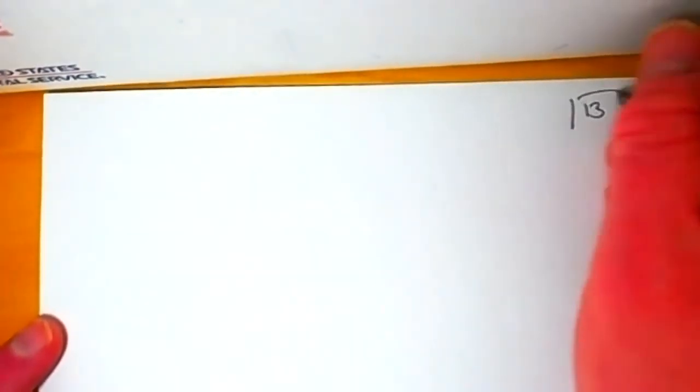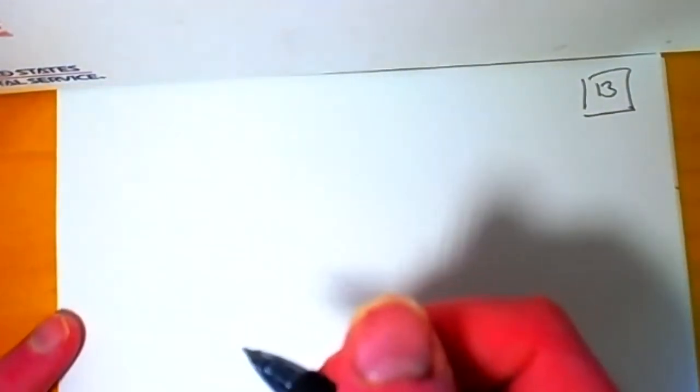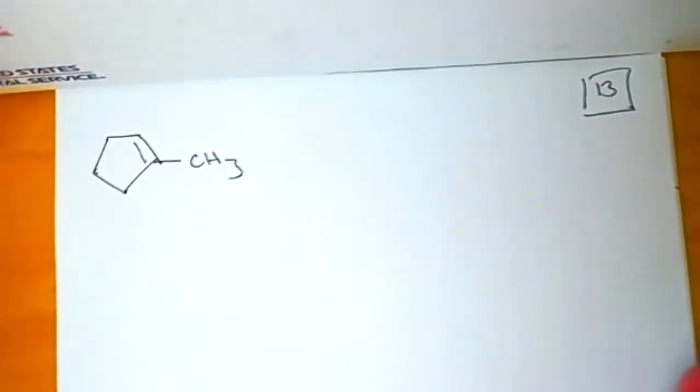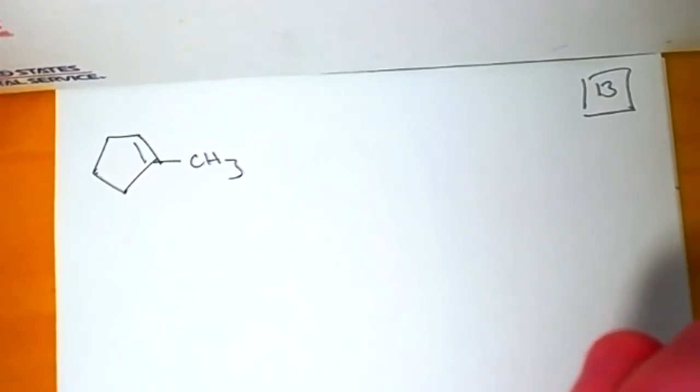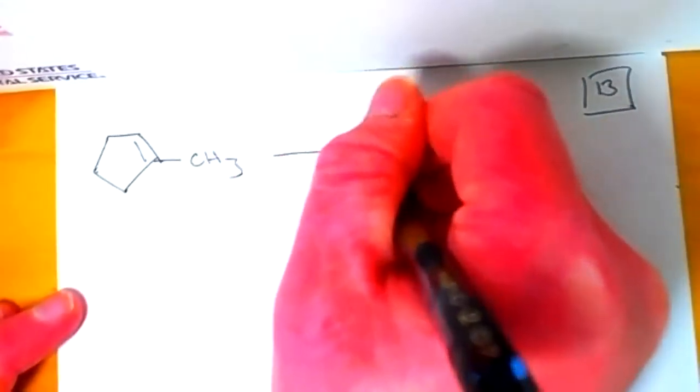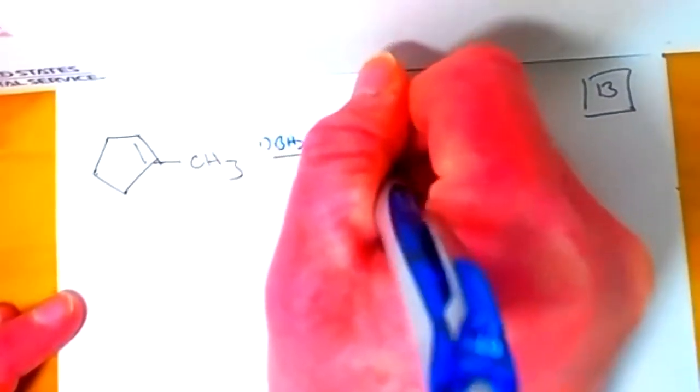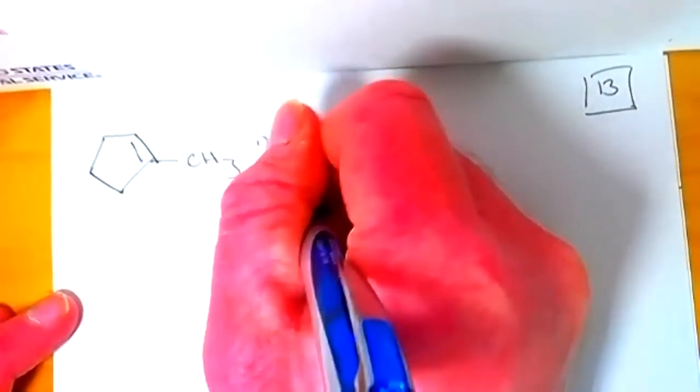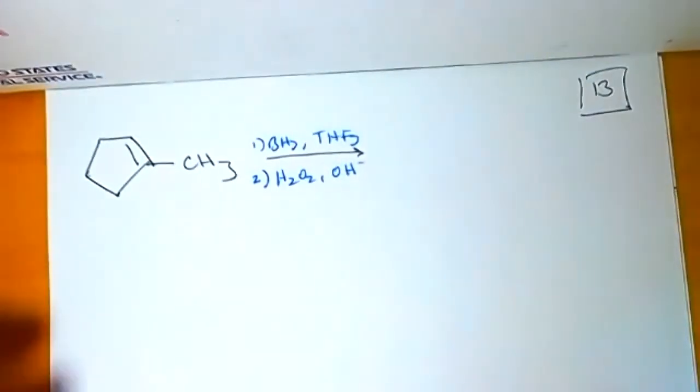So, for example, if we had, let's say, this cyclic system, okay, so we had 1-methylcyclopentene, and we did reaction with BH3, THF, followed by peroxide and base.